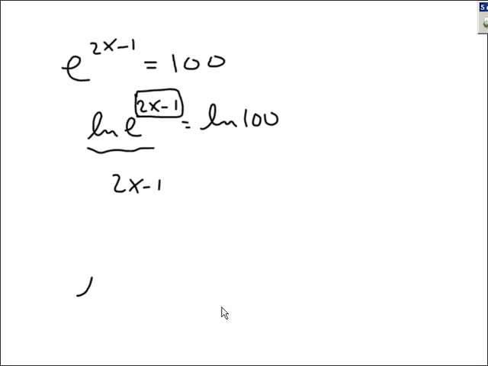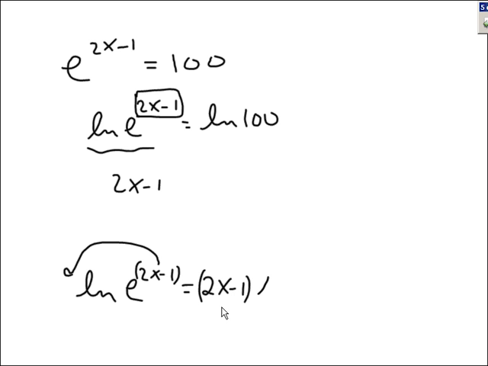And there's two ways of looking at it. You might like this better. One of the rules says you can bring the 2x minus 1 down. But ln of e is 1, because ln of e is log base e of e. e to what power gives you back e? 1. This times 1 is just 2x minus 1.